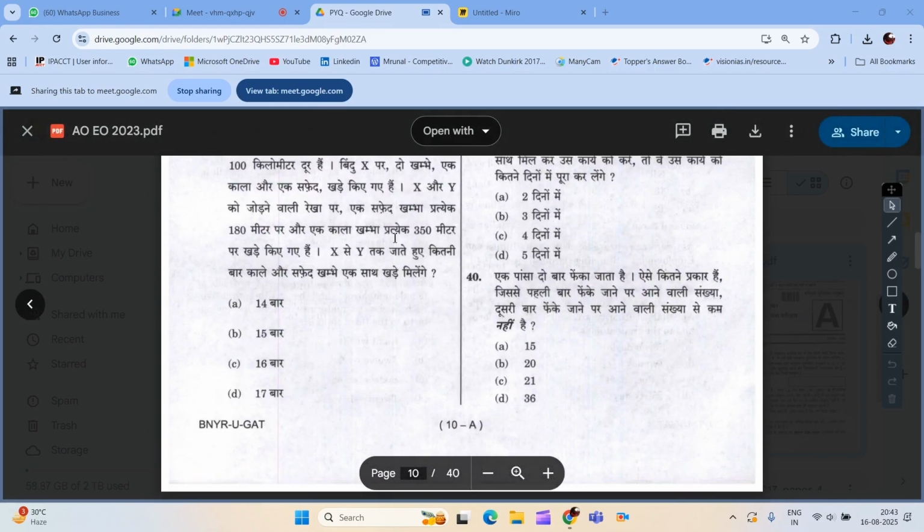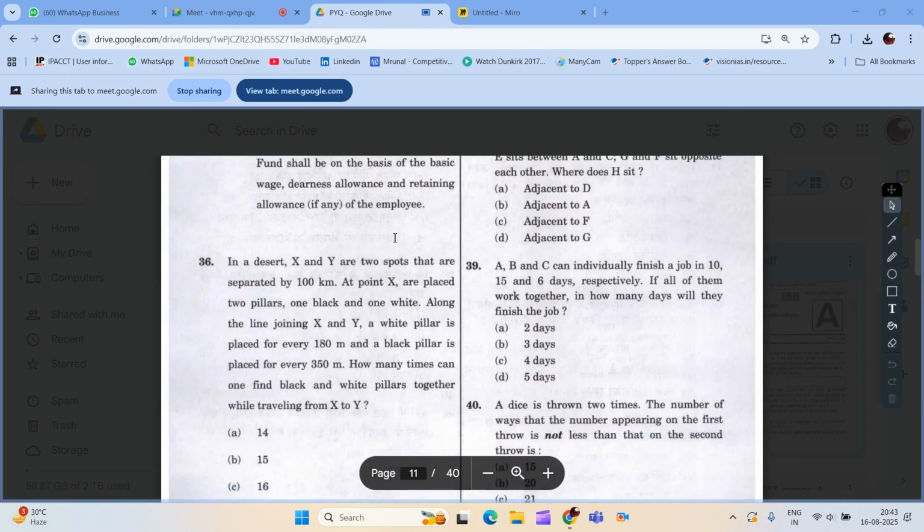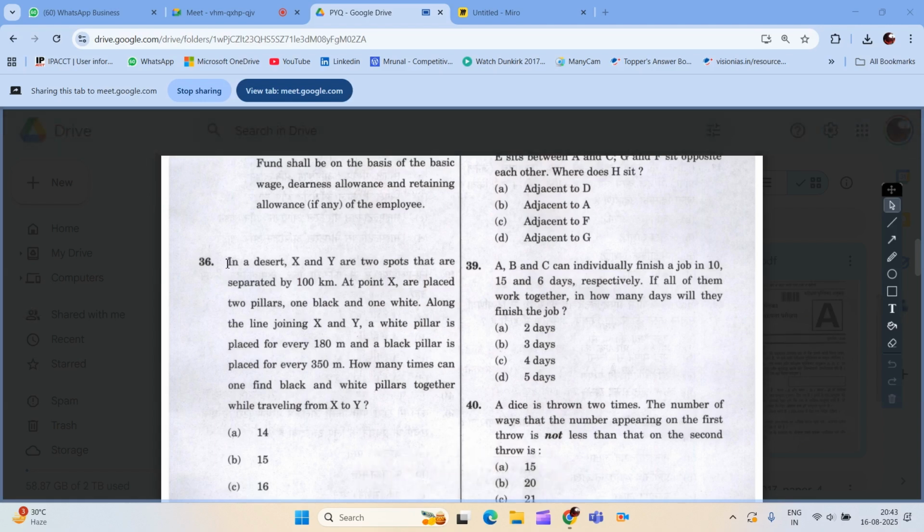What I am discussing is the level of maths. This is a maths question, although a little on the side of reasoning, numeric mathematical abilities. There is a chapter in reasoning called mathematical ability in RS Agarwal. If you are studying RS Agarwal for reasoning, do study the chapter on mathematical ability test.